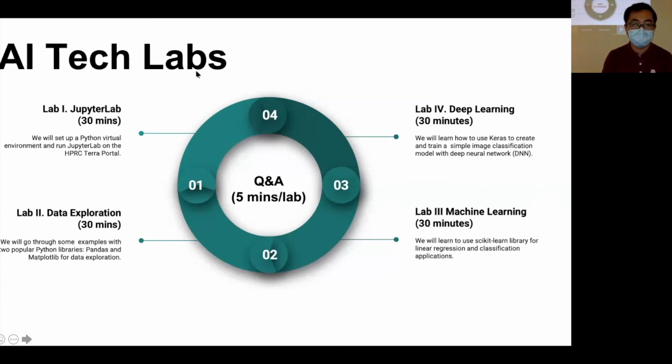The AI Tech Lab short course is composed of 4 different lab sessions. The first lab session is called Jupyter Lab. In this lab session, I will teach you how to create a virtual environment on our cluster. And then we will be using our HPRC Open On Demand portal, which is a web portal that you can utilize to access our HPRC clusters.